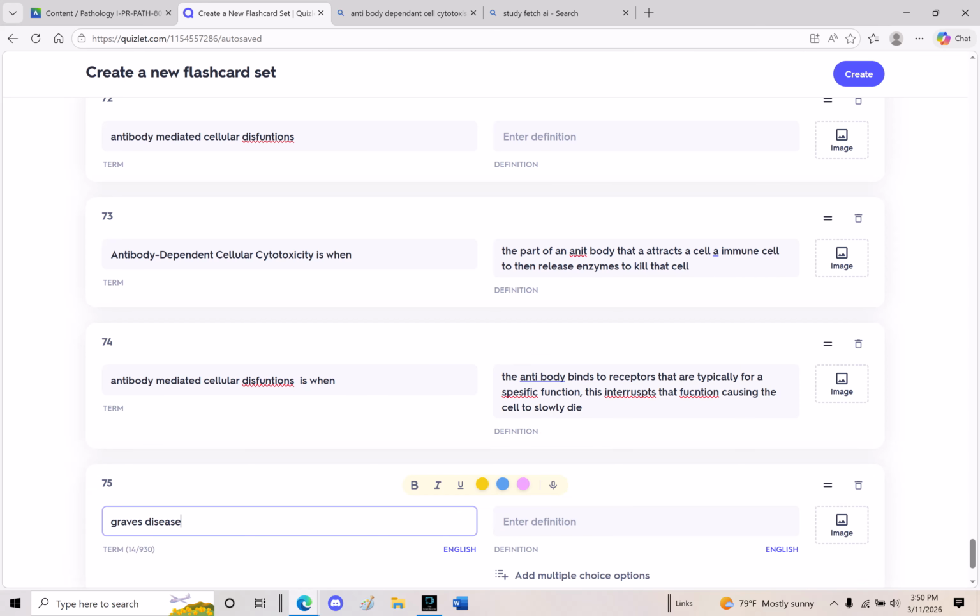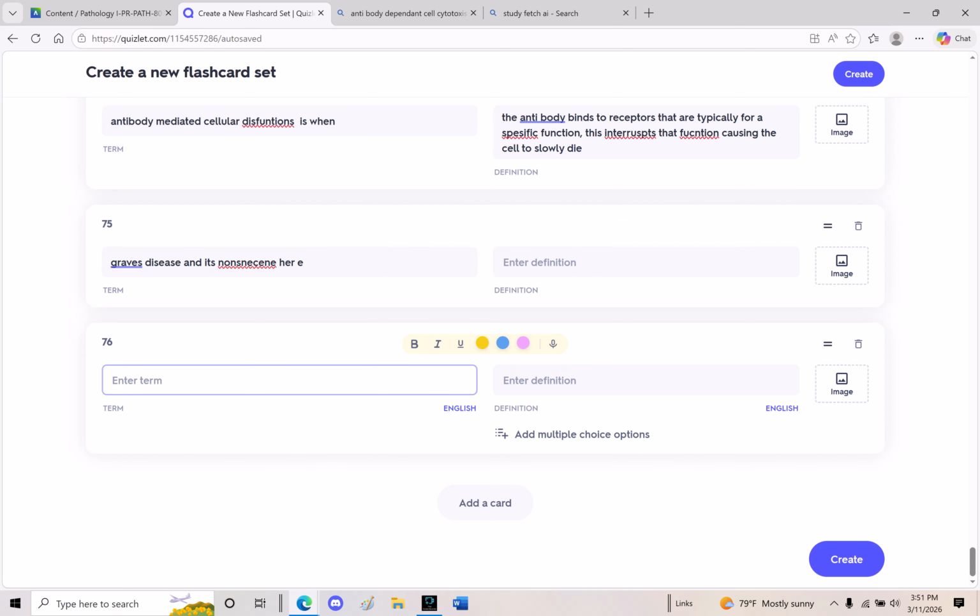Hyperthyroidism. Antibodies attack receptors causing overactivation of the thyroid gland, and that causes Graves' disease. So that's one that causes increased production. Sometimes it can increase production, sometimes it can diminish production.